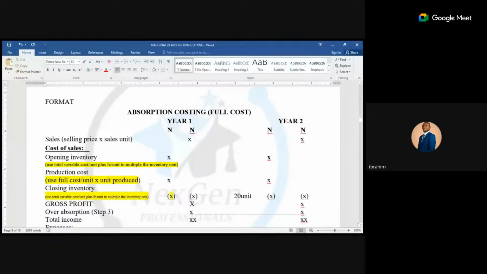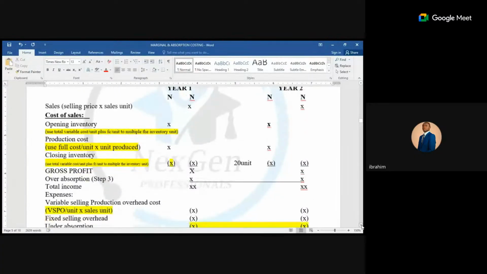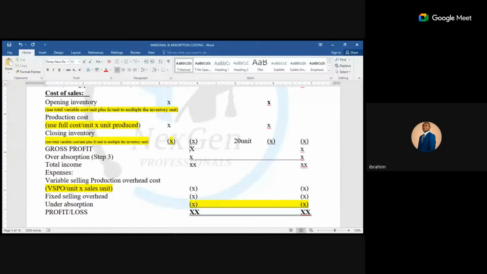Okay. Now, we should not forget in our income statement, if you have gross profit, you add your other income to your gross profit. Now, this will take us to over absorption and under absorption.